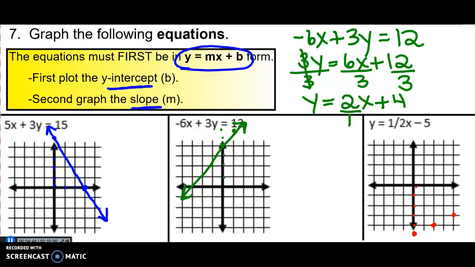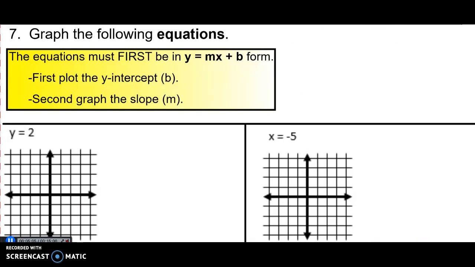Rise 1, 1, 2. It's always a good thing to double check. Our y-intercept is at negative 5, and our slope is positive. If we look at our graph and read it from left to right, it is increasing, which means we have a positive slope.